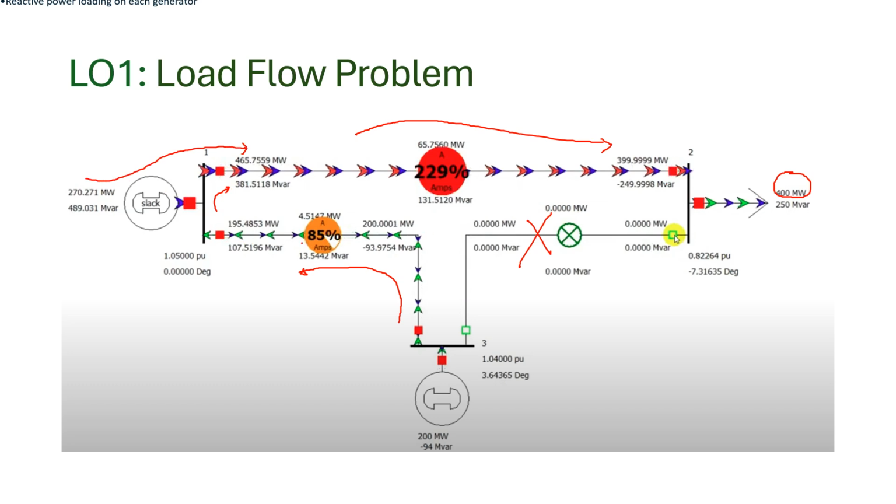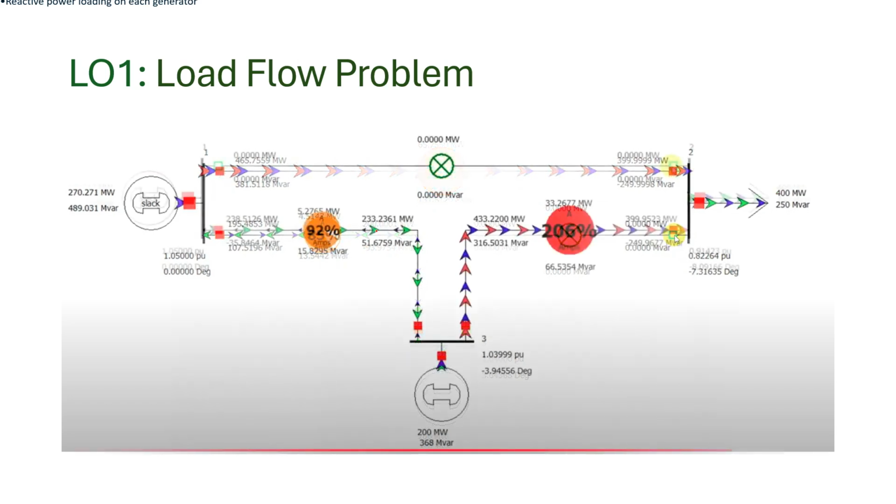But if the power flows in this way, then this line is overloading, at 129% of its capacity. So obviously it is going to be interrupted. This one is showing an orange alert, that this line is also going to be overloaded if care is not taken.